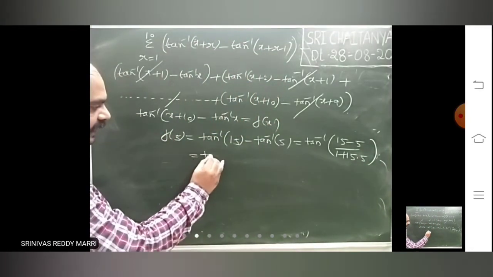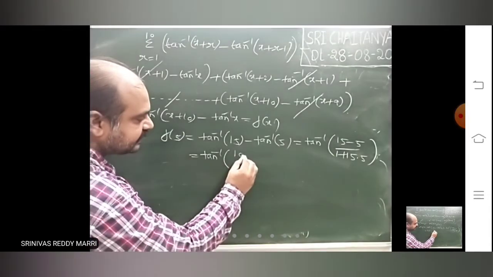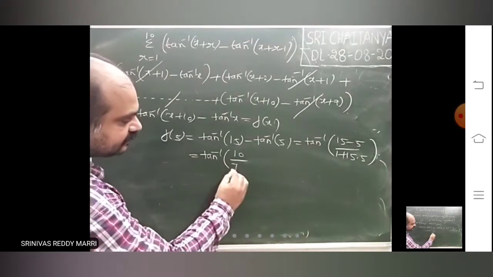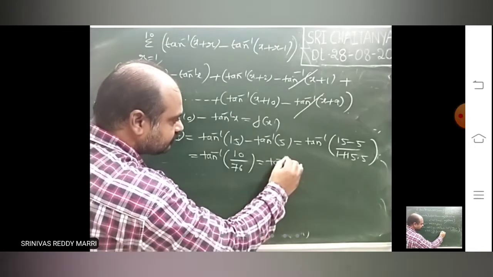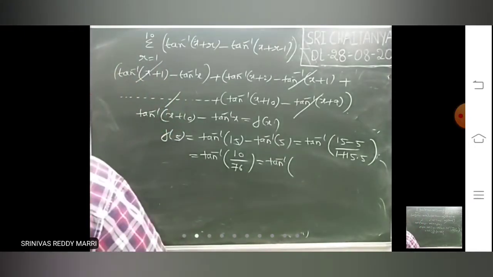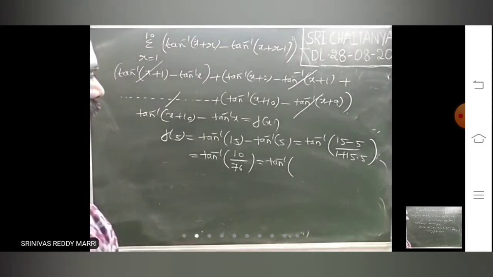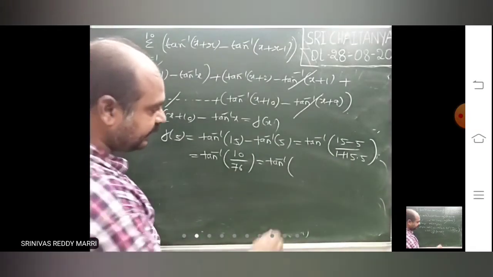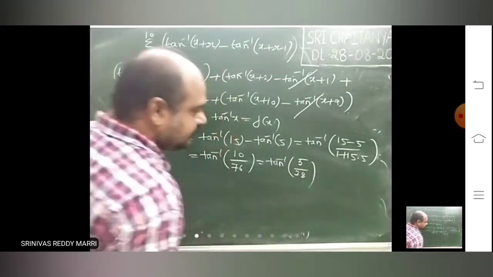So you will get tan inverse of 15 minus 5, 10, divided by 75 plus 1. That means tan inverse of 10 by 76, which is 5 by 38.